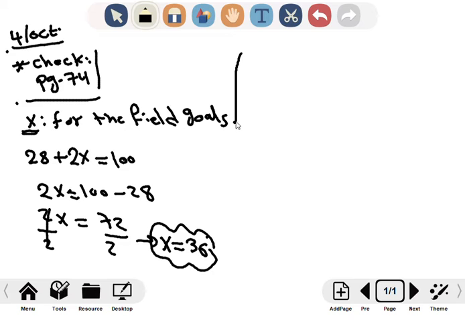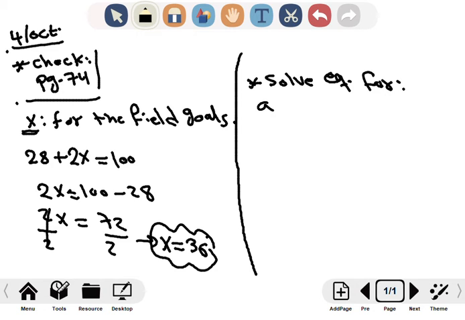Now, the next idea. Yesterday we took a long example about how to solve a linear equation, right? Now, the next idea is something we call solving for a variable. Solve equations for a variable. What does this mean?